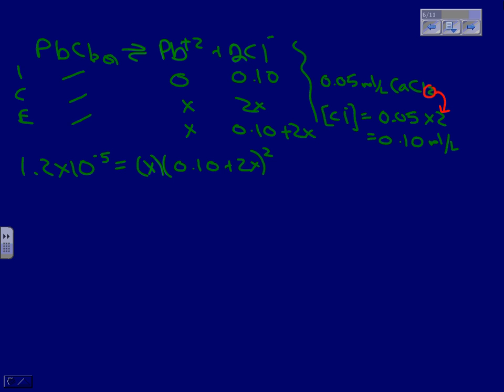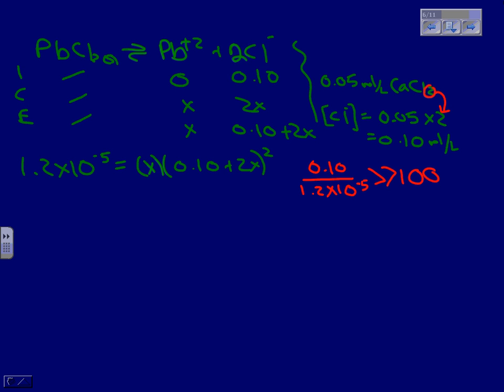Now I'm going to check for the approximation. What number am I putting on top to check for the approximation? What do I divide to check for the approximation? 0.10, the number that's being multiplied, divided by 1.2 times 10 to the minus 5. Yeah, that's going to be greater than 100.